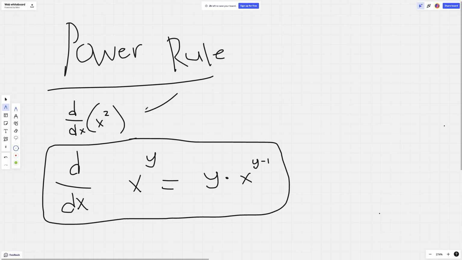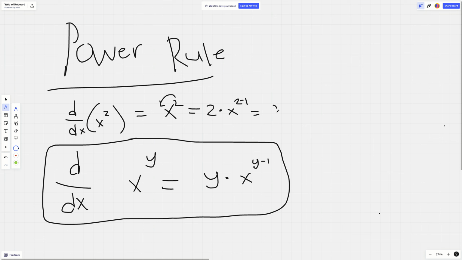So again, we're taking the derivative of x squared. If we were to directly plug this function into the formula, we'd see that y equals 2, and x is simply x, our input value. Applying that formula, d over dx of x squared is equal to, bringing the 2 down, 2 times x to the power of 2 minus 1.